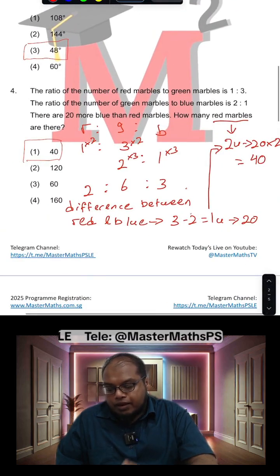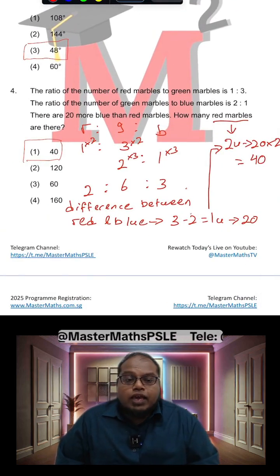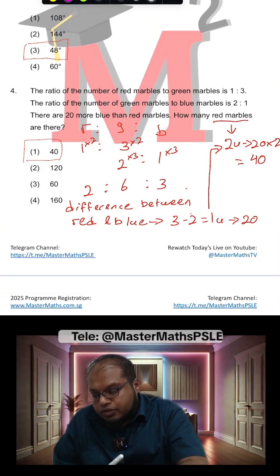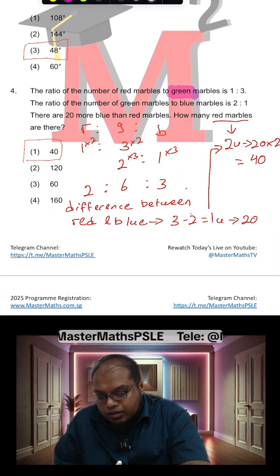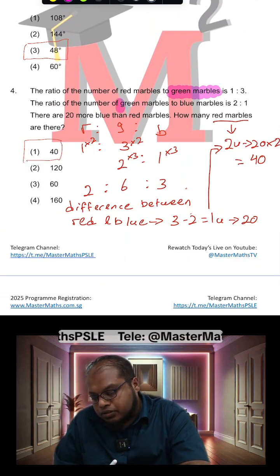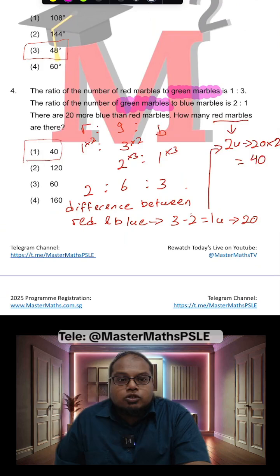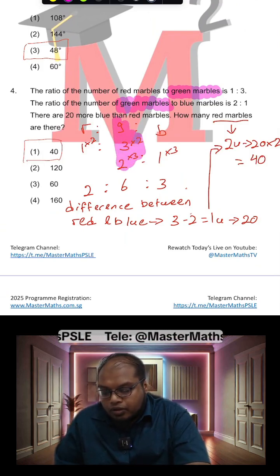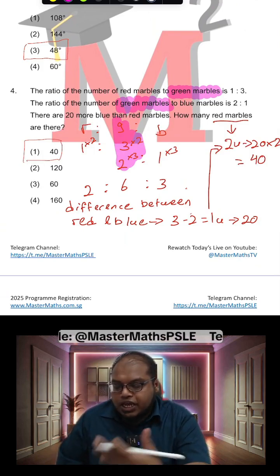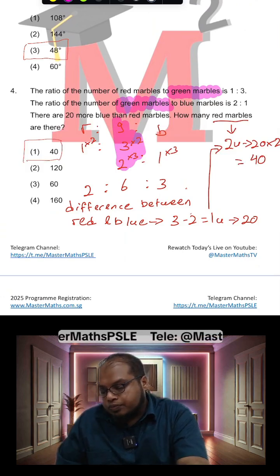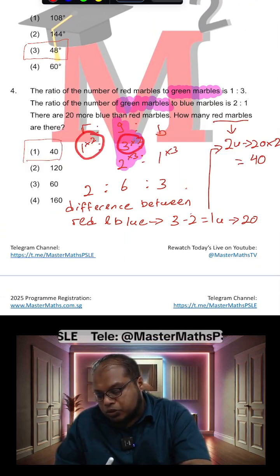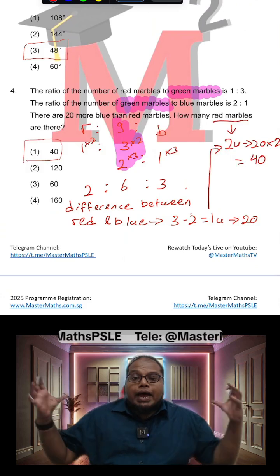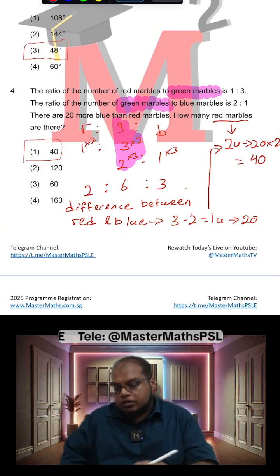Alright, now we go to the next part, the one where we have a repeated identity. The repeated identity here is the green marbles. So what we do is we make the green the same. Common multiple of 3 and 2 is 6. So times 2 times 2, then times 3 times 3, combining the ratio using their common multiple.